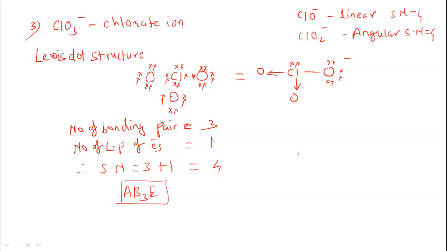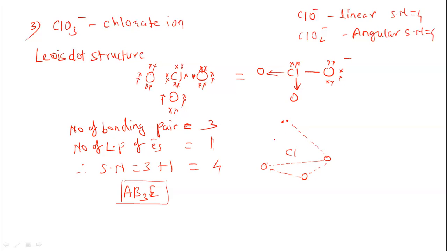So let us represent this. Chlorine is the central atom. There is only 1 lone pair of electrons, so that lone pair will be here at one of the corners. 3 oxygen atoms are there, so one is at this corner, one at this corner, and another oxygen atom is at this corner. So we can represent the shape of the molecule in this way.